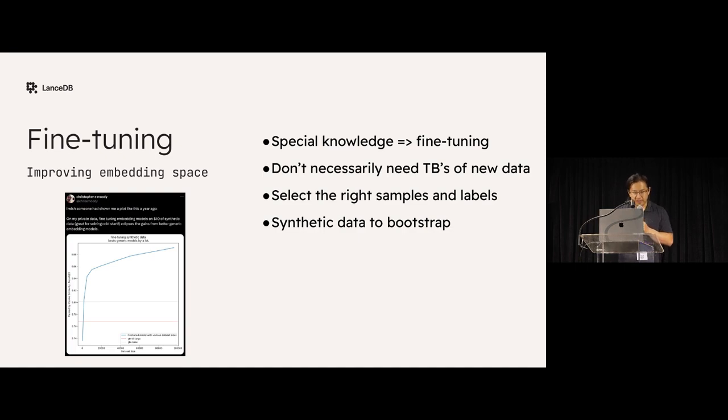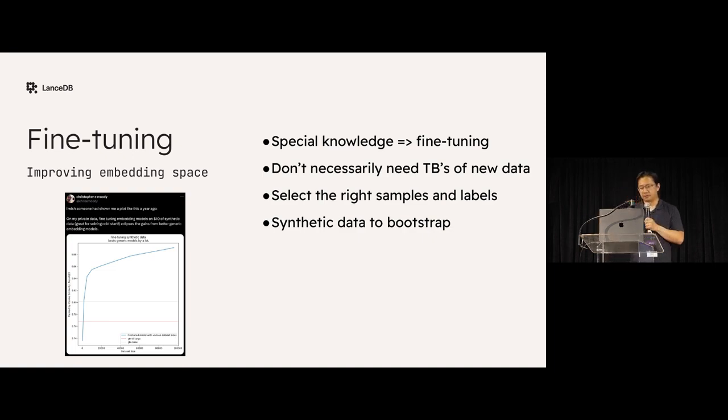As you know, this LanceDB user tweeted that Chris generated about $10 worth of synthetic data using OpenAI, and was able to take a much smaller open source model and make it perform much better for his use case than the biggest and best generic embedding models.